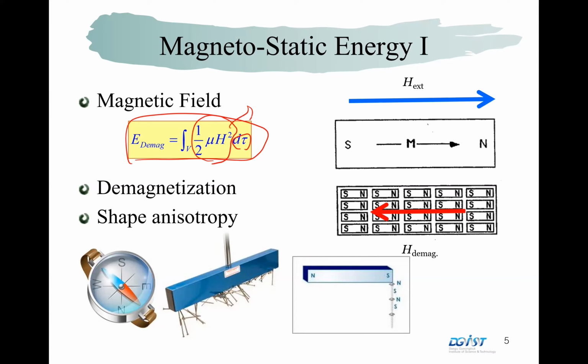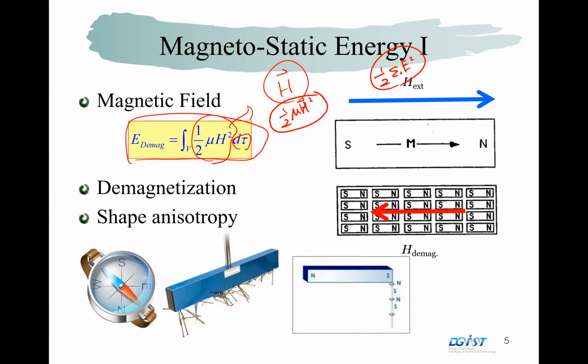So this means if you have a field H in a space, then the energy of the space with this field is larger than the vacuum energy by a certain amount.